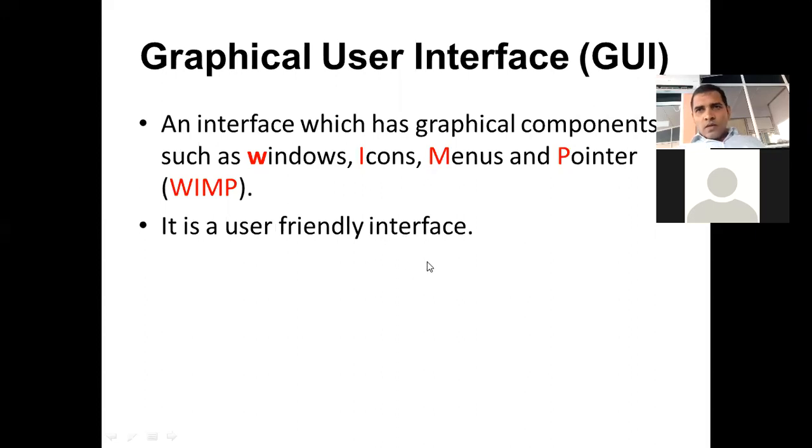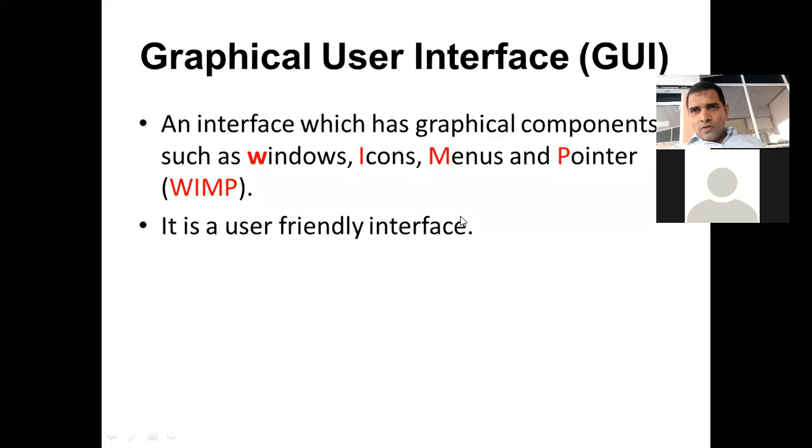Look here, graphical user interface. This kind of interface is everywhere nowadays. If you take any software now, it has a graphical user interface. So what does it mean? This kind of interface has graphical items.